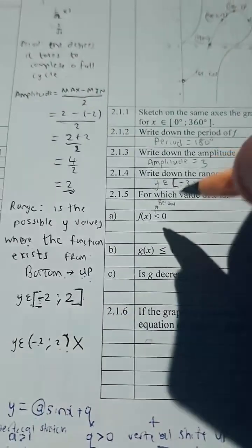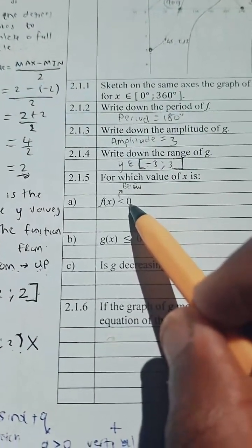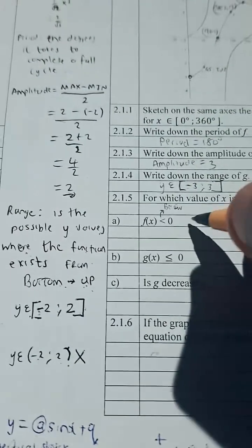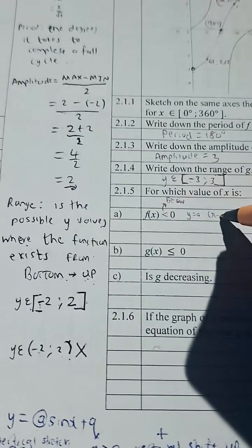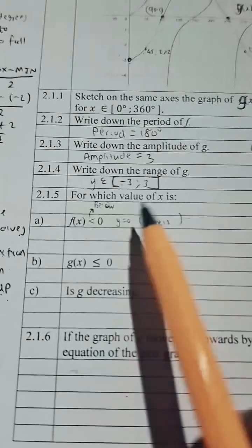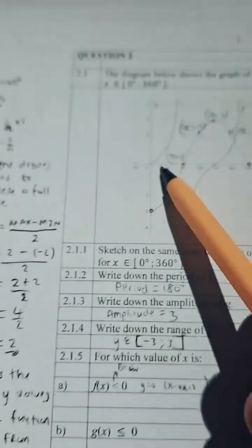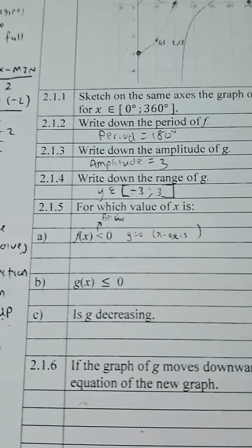But below what? Underneath 0. What does this 0 mean? It means the line y is equal to 0, in other words, the x-axis.